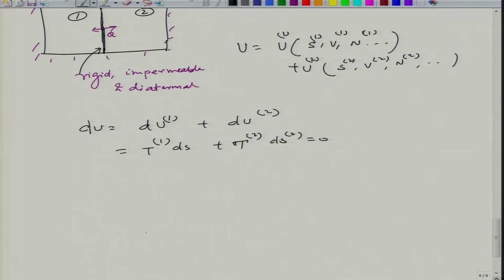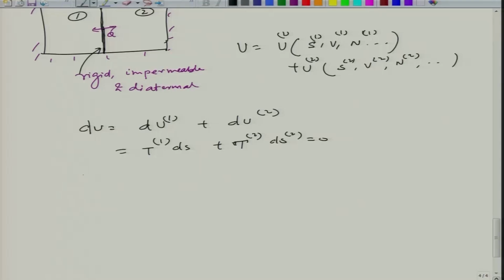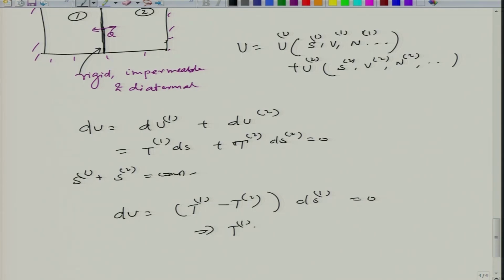Now, we also can consider that at equilibrium, of course, what are the conditions of this temperature. So, at equilibrium we are considering that the total energy will be fixed here, and thus we can write that S1 plus S2 should be constant, dU as T1 minus T2 dS1. Okay. And this equality indicates your T1 should be equal to T2.